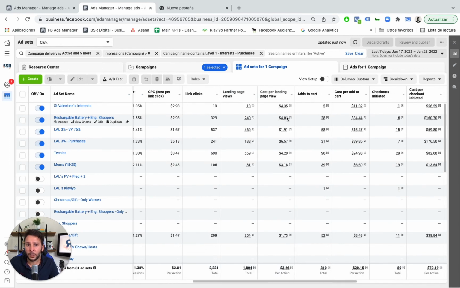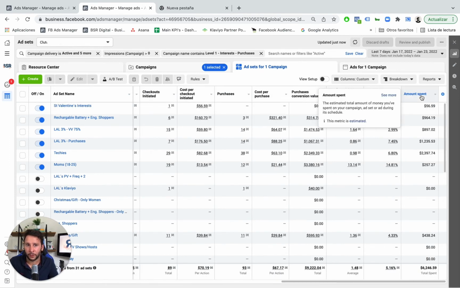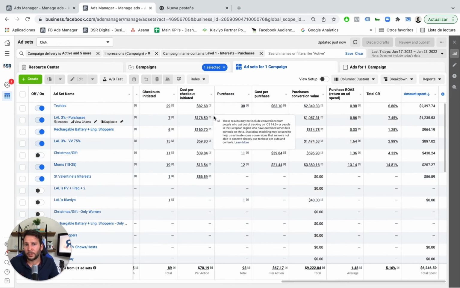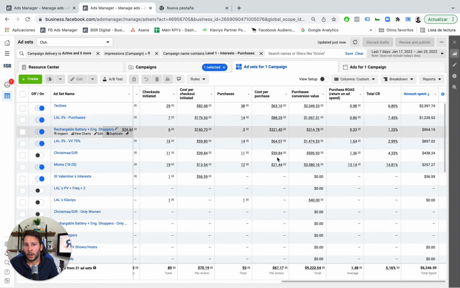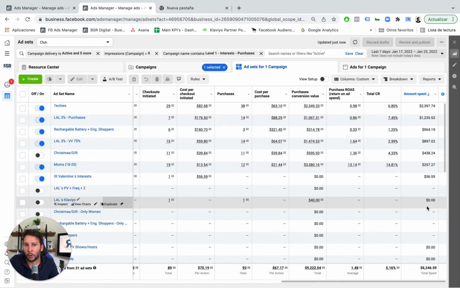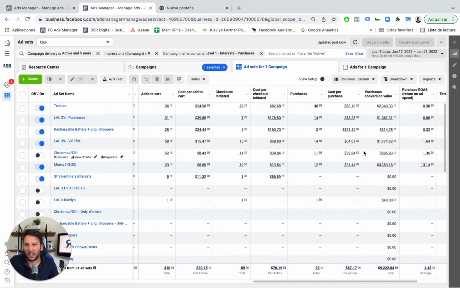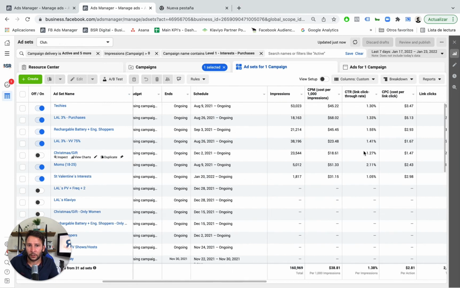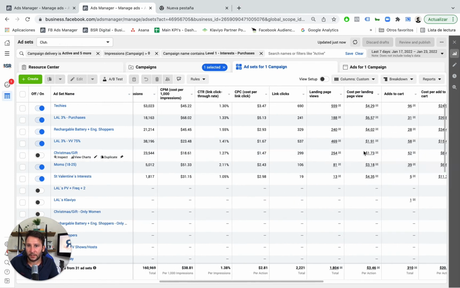So what I like to do is to go here to the amount spent column and order that in a descending way. So we see first, we analyze where we spend the big bucks, right? Otherwise, if we spent only $1, that is not going to move the needle for the metrics, right? So if we spent a lot here, we need to take a look at the CPC, right?